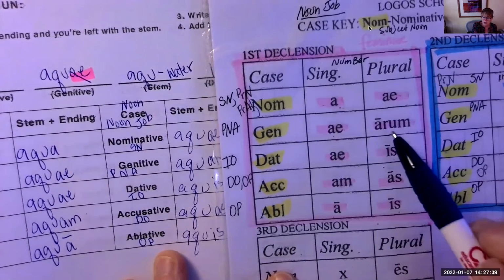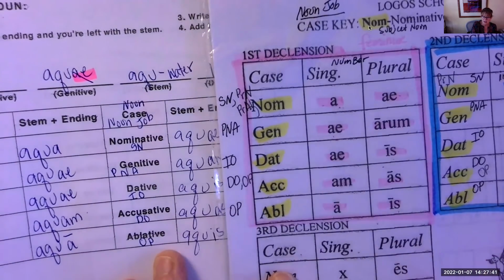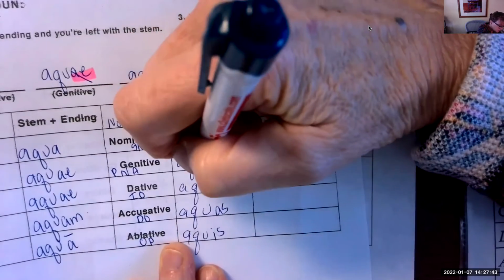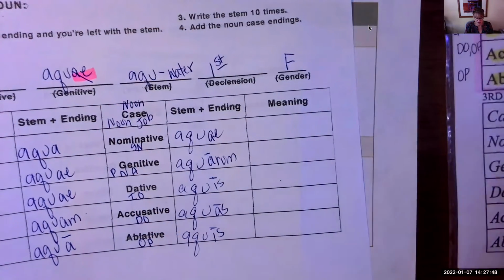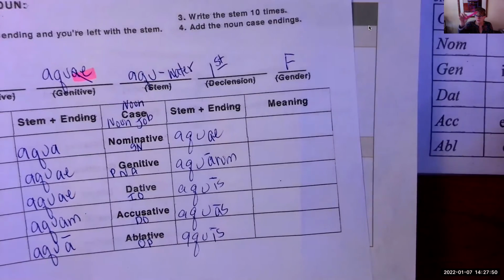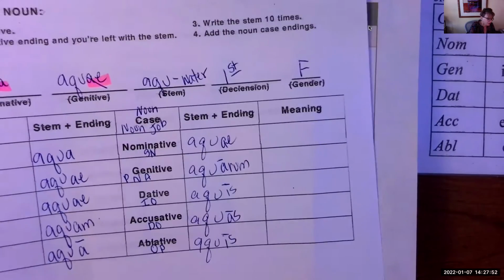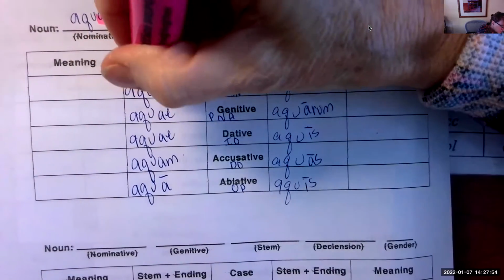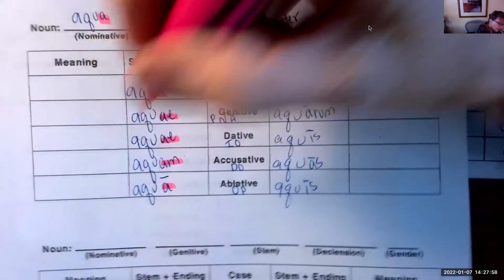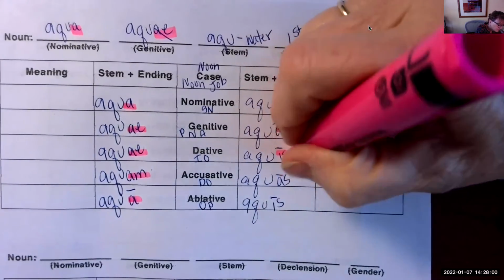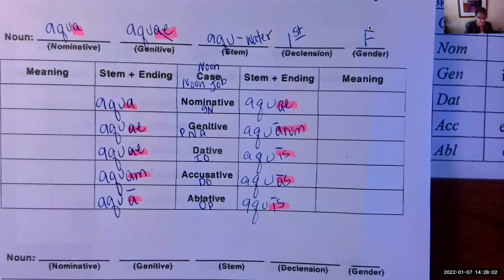So put those in. And arum, is, us, is has a macron. Then take your pink highlighter and highlight the endings. Again, we want you to differentiate between the stem and the ending, because Latin is all about the stems and the endings.